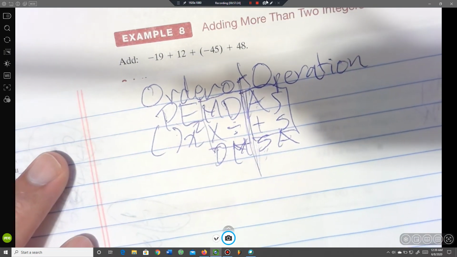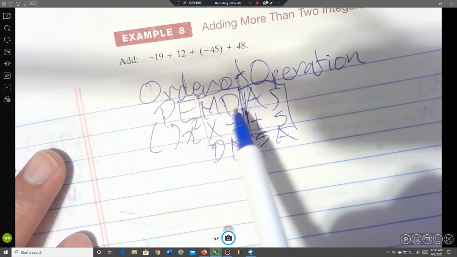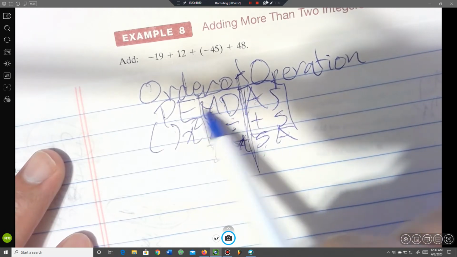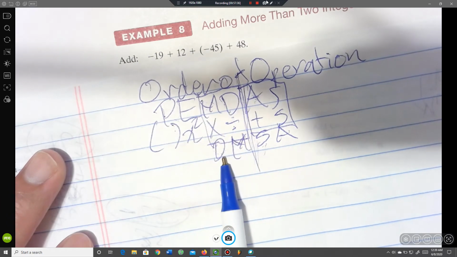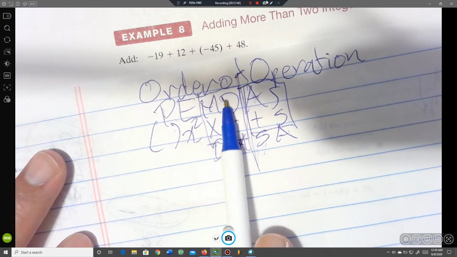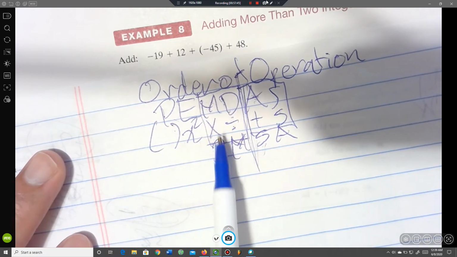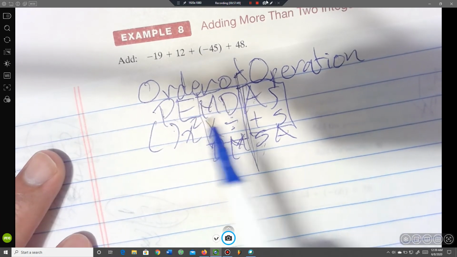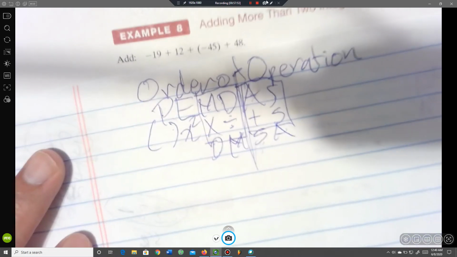Hopefully I made myself clear, because that's where students make most mistakes right here. Not remembering that they're supposed to do the multiplication and division first, then addition and subtraction, and that if division comes first, they perform division first. If multiplication comes first, do that first. Addition comes first, do that first. Subtraction comes first, go ahead and do subtraction.